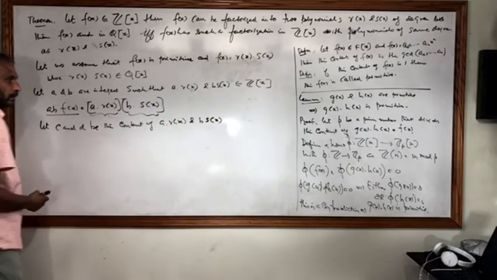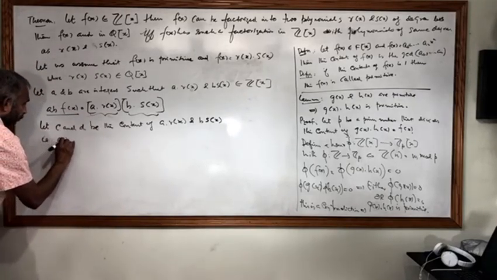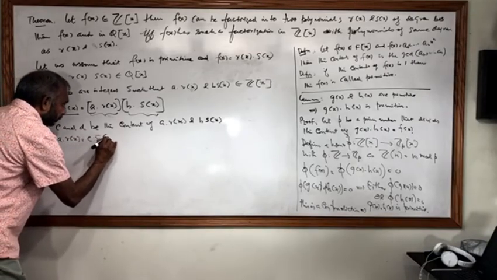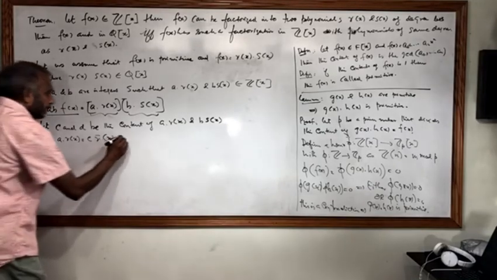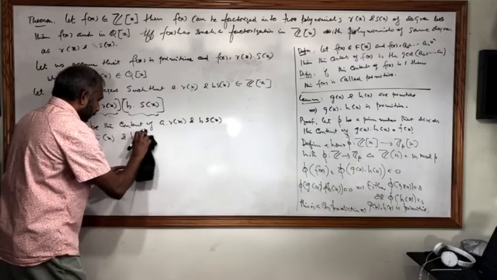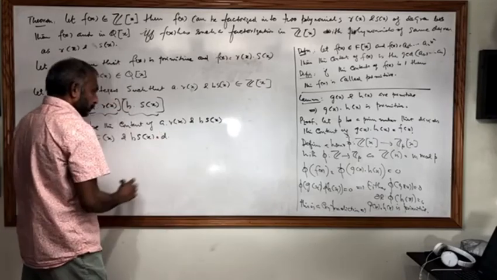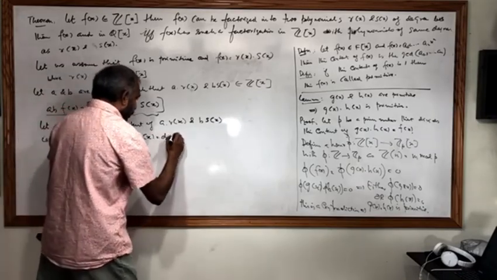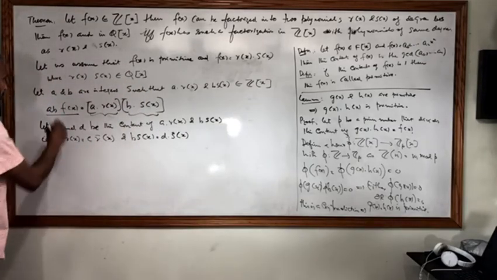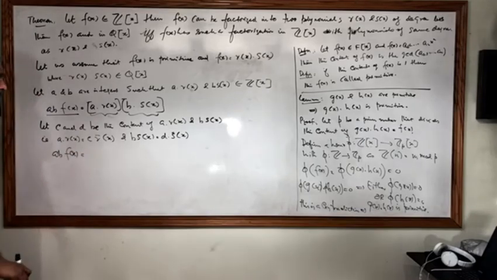Taking the common factor, we can write a times r of x equal to c times r prime of x, and b times s of x equal to d times s prime of x, right?